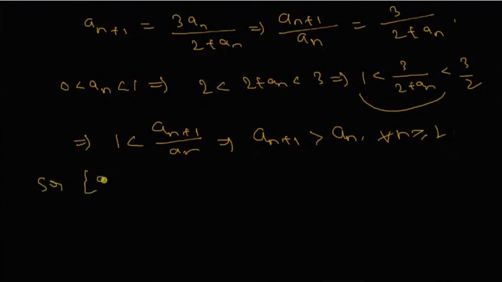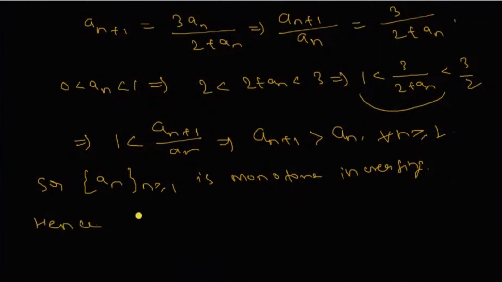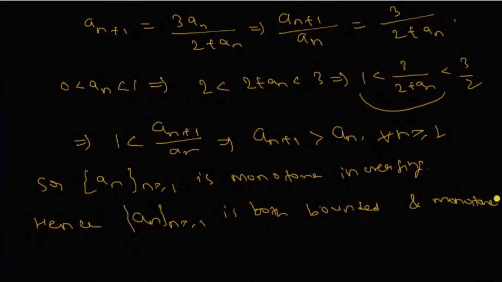So a_n is monotone increasing. Hence, we have shown that a_n is both bounded and monotone.